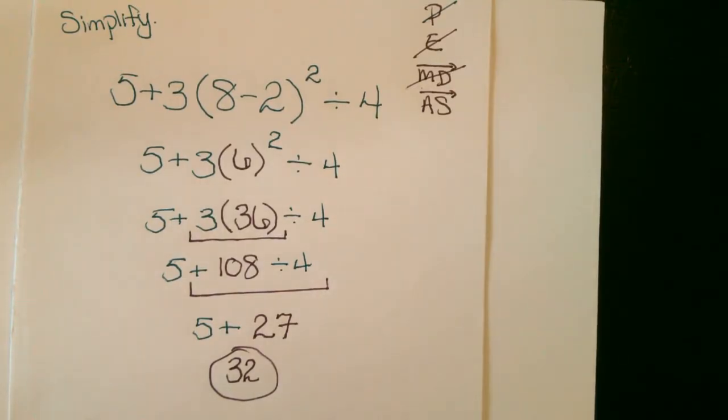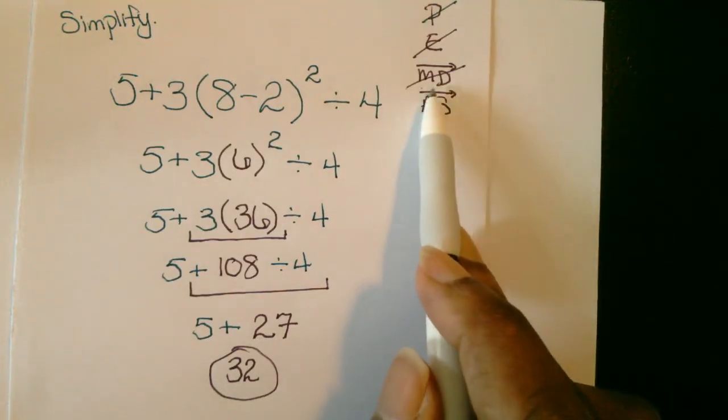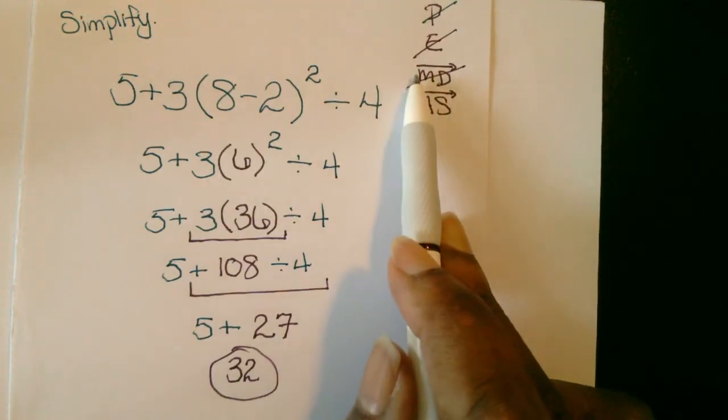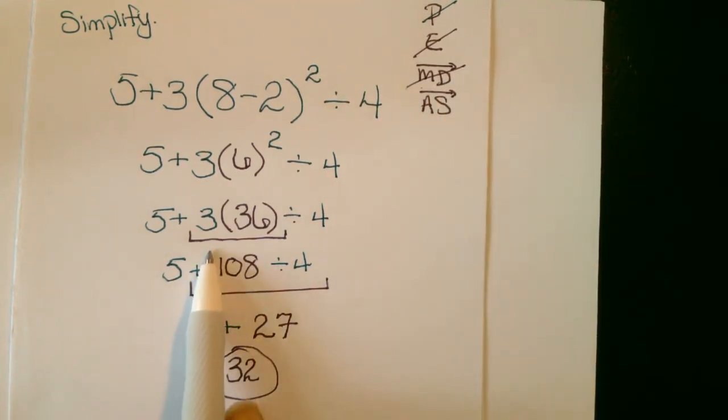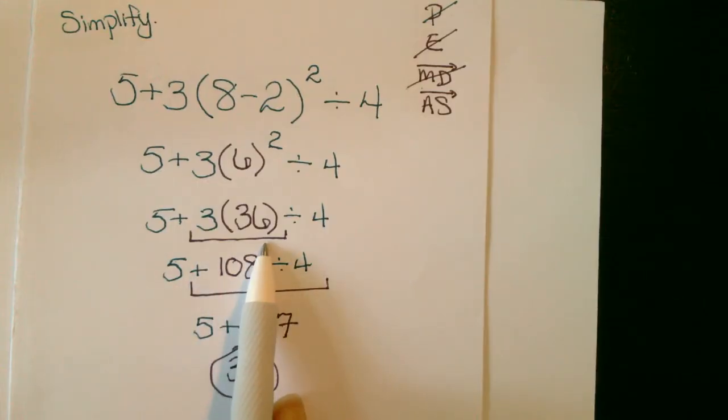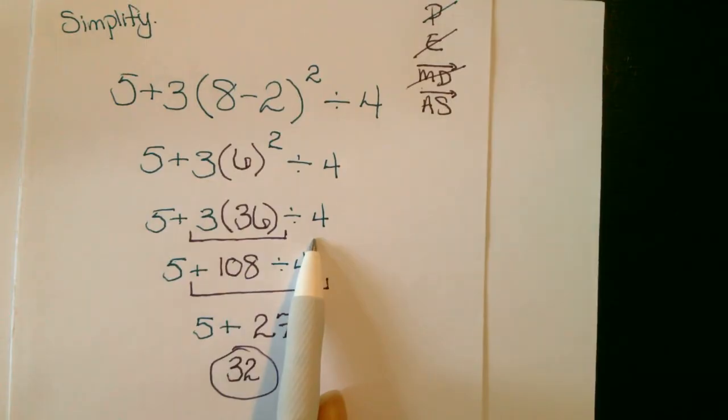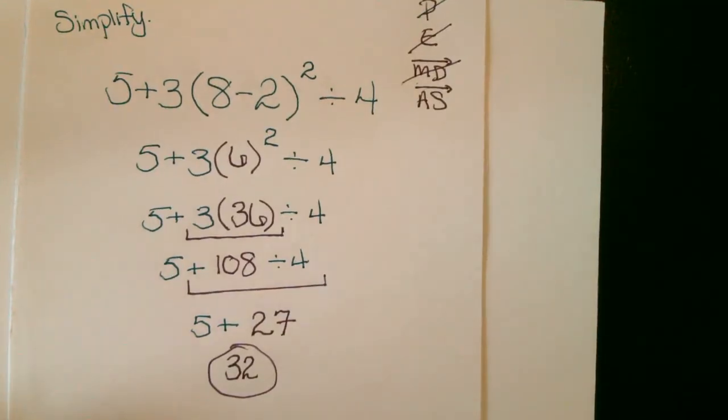After you deal with the exponents, you're doing multiplication or division from left to right. Okay? So that's why we had to multiply the 3 and the 36 instead of the 36 divided by 4. Nope. It'll give you an answer, not necessarily the right answer. Okay? Alright? Okay. Let's try our next one.